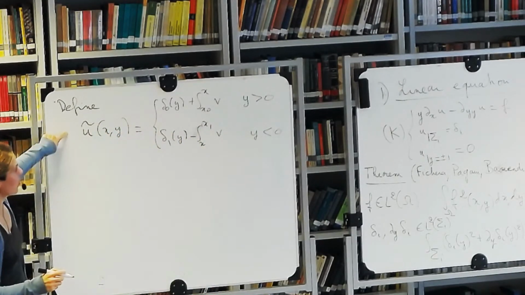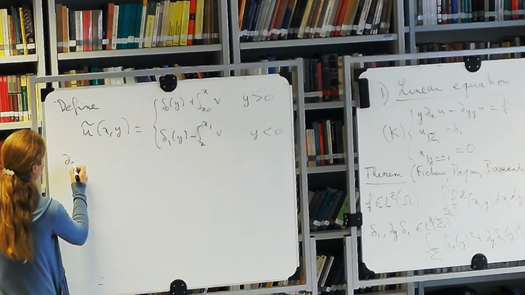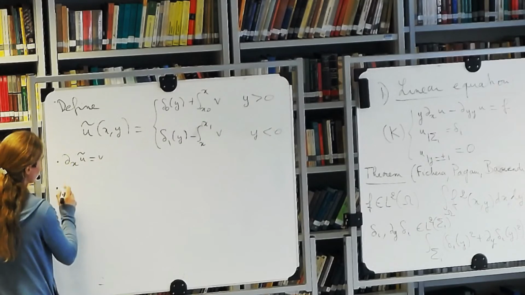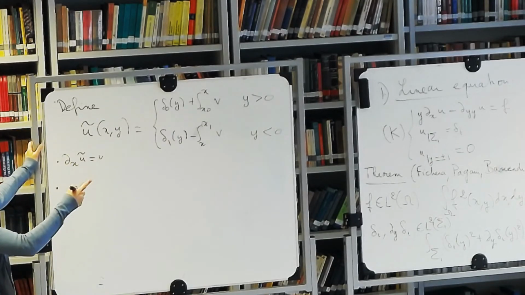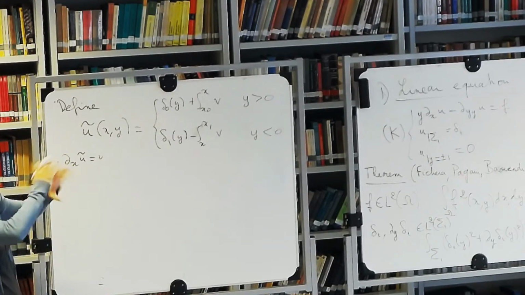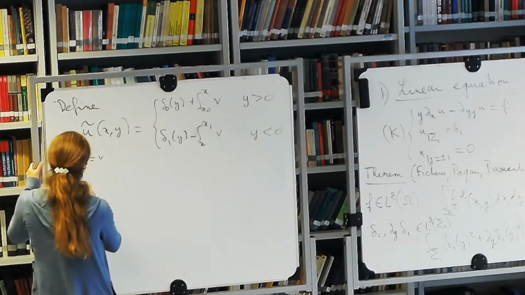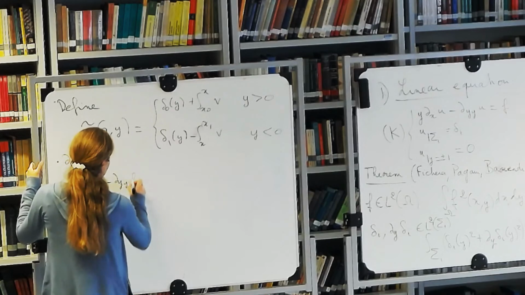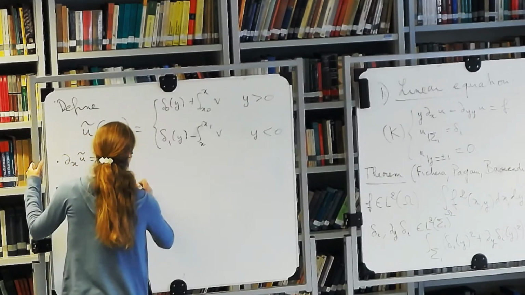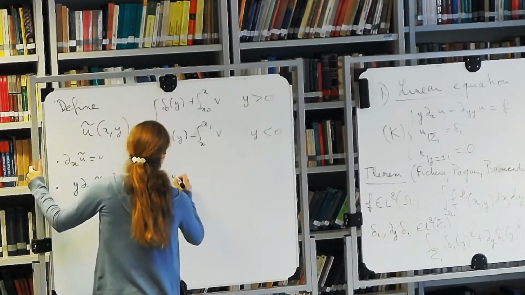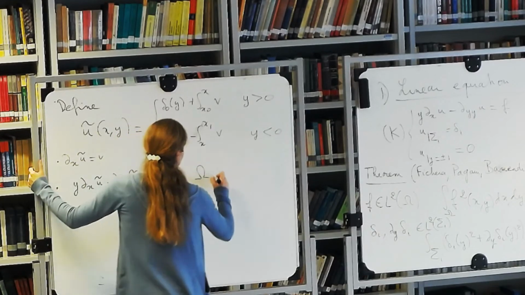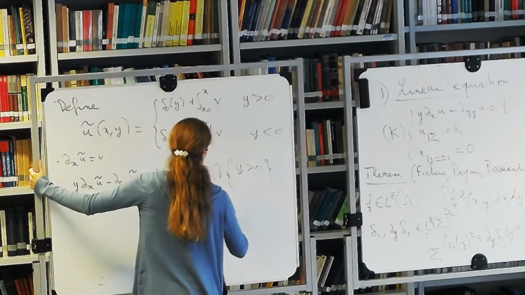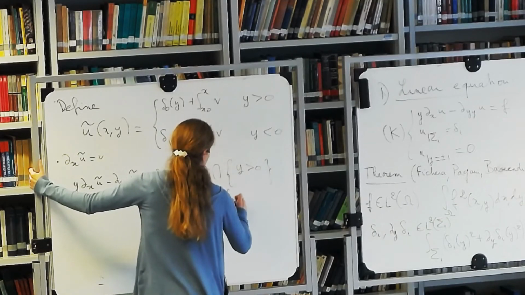So this one satisfies ∂xũ equals v. You can prove that it satisfies the correct equation in each upper half and lower half domain: y∂xũ minus ∂yyũ equals f in Ω intersected with y positive and in Ω intersected with y negative.